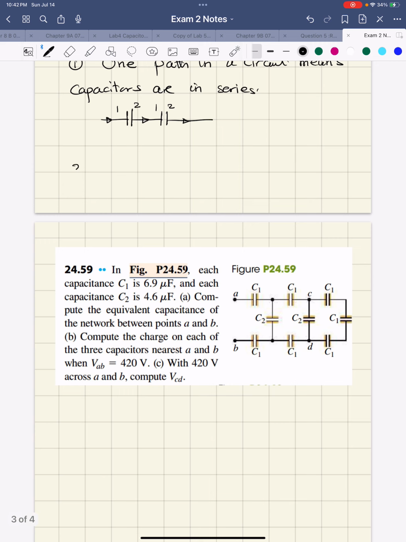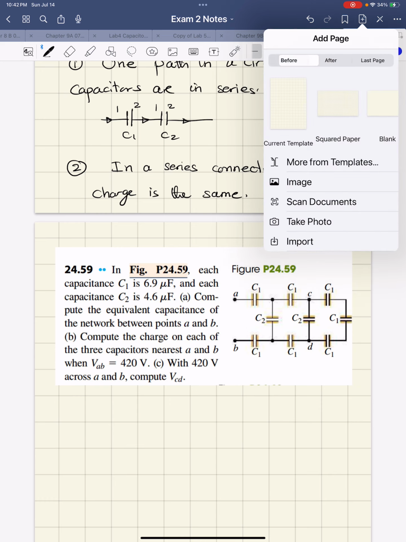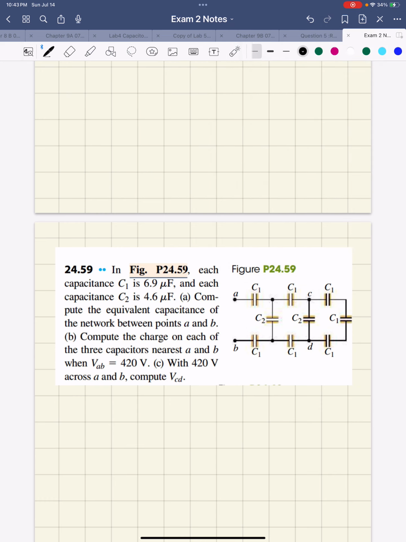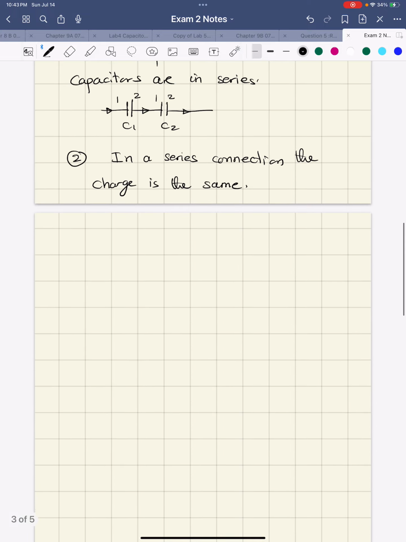Now the second one here, in a series connection, the charge is the same, which means if I have C1 and C2, we know that it is going to be the same charge.